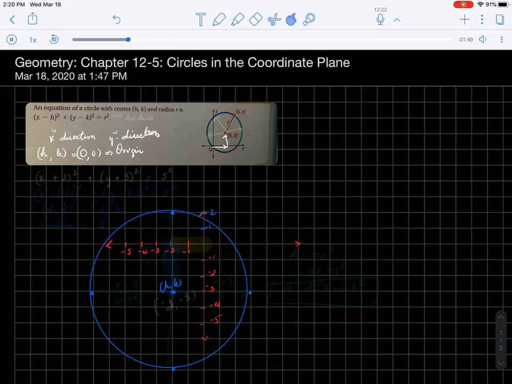Not the negative H and not the negative K. If they give you a problem as (X plus 2) square plus (Y plus 3) square, and let's say R is the radius.